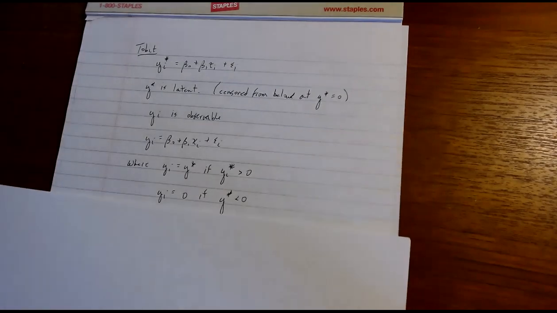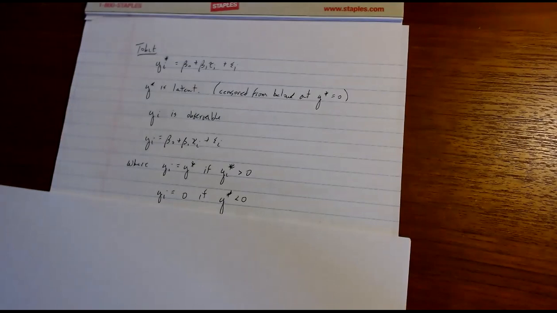And so our model looks like this. Y is a function of beta 1, and y has a characteristic that if y star is positive, we can observe y. It's equal to y star. And if y star is negative, then y is 0.